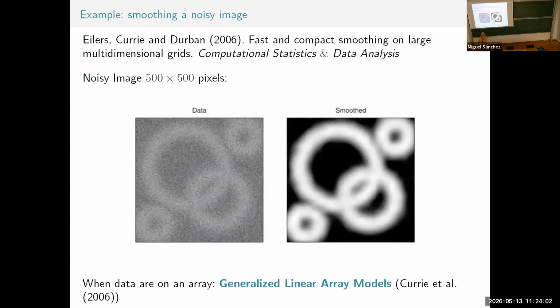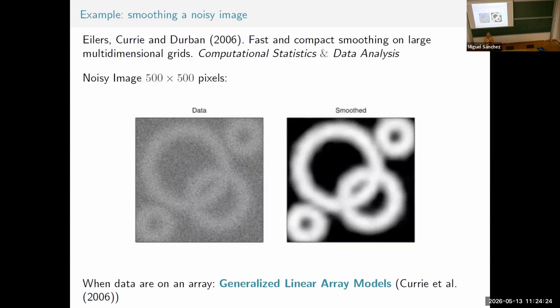This is just an example, and this is a paper we wrote in 2026. If you have data on regular grids, we present here an incredibly fast way to solve penalized least squares without having to calculate the tensor product.